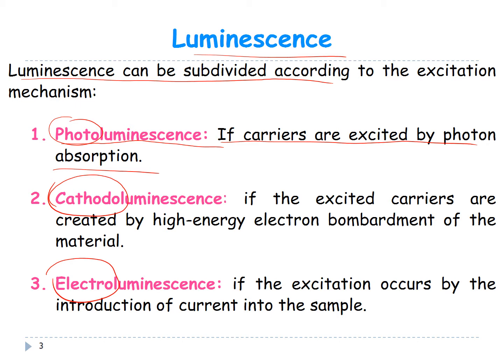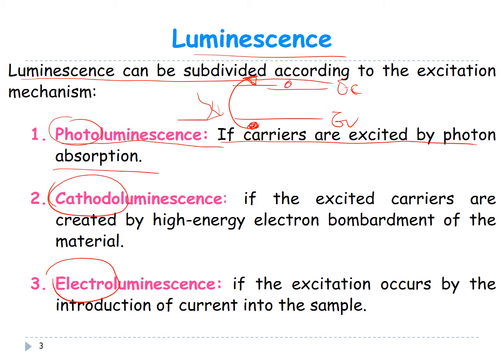Okay, so if you have your semiconductor here, you have your EC, and you have your EV. So when the electron is excited to the conduction band, this is the excitation mechanism. This can be due to light, where we call it photoluminescence.